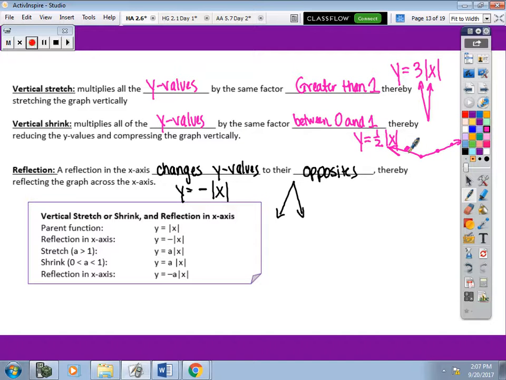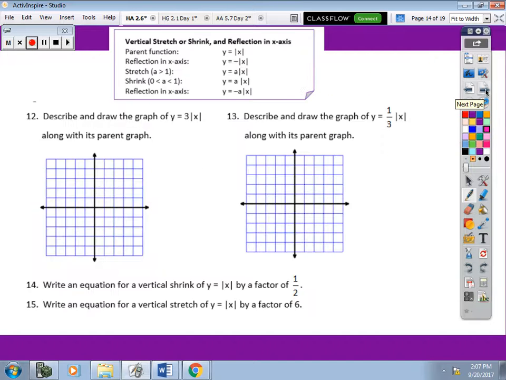All right. So drawing and graphing some of these, again, we're going to skip the parent function. When you describe this, you should say that this is a vertical stretch, you could either say of 3 or by a factor of 3.